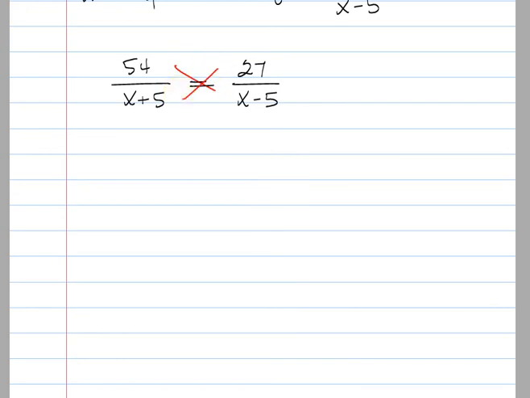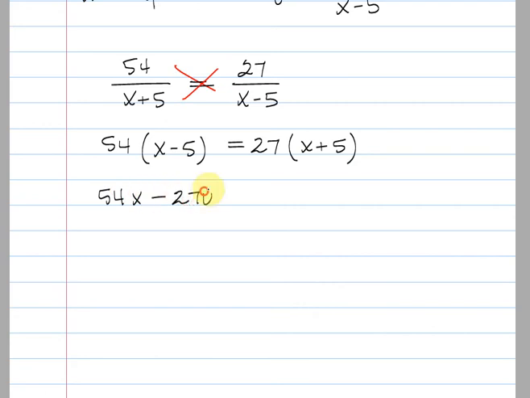What I'm going to do is multiply 54 times x minus 5 and set that equal to 27 times x plus 5. And then I will distribute on both the left and the right hand side, which gives me 54x minus 54 times 5, which is 270.